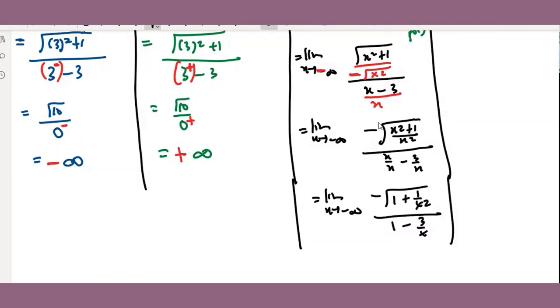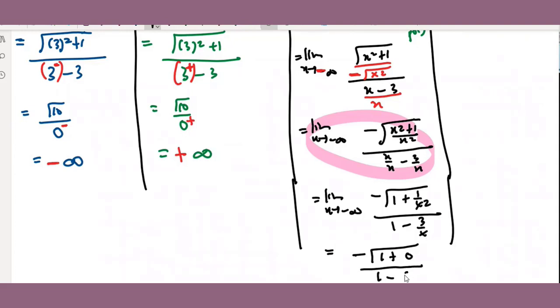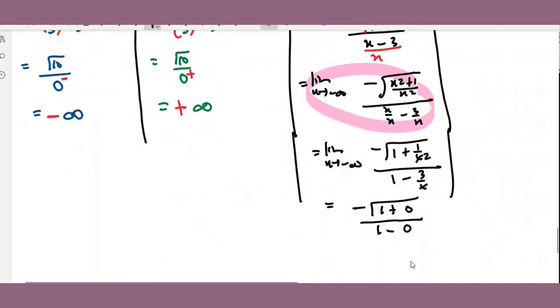You can skip this step, you can skip this too. It's okay, continue. And substitute negative infinity. 1 plus 1 over infinity is surely 0, over 1 minus 3 over infinity, 0. And then negative square root of 1 over 1 is equal to negative 1.